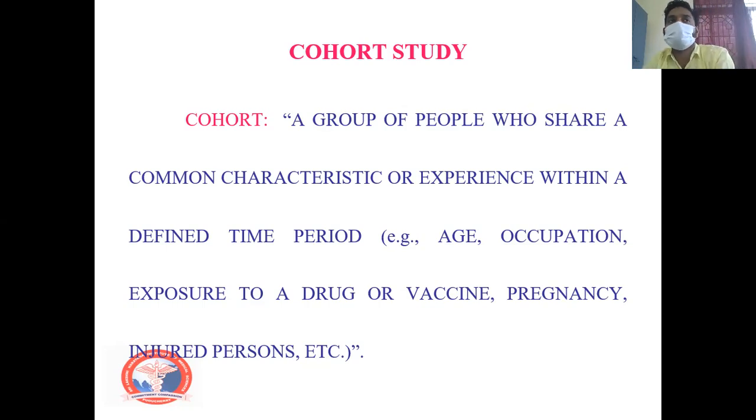Whereas in cohort study, as the name suggests, cohort means a group of people. We follow a group of people who share common characteristics. It depends upon the study factor; the period of follow-up will differ. So basically, cohort study is a prospective study without any suffix or prefix.